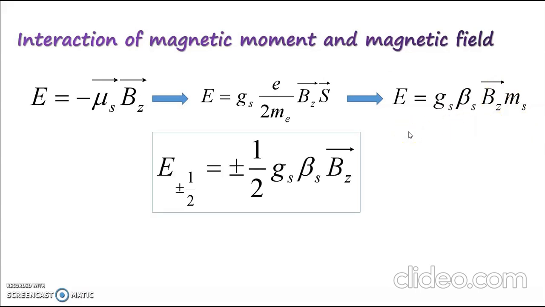Therefore both levels, plus half and minus half, can have an energy which is proportional to the applied magnetic field, and can have the expression.